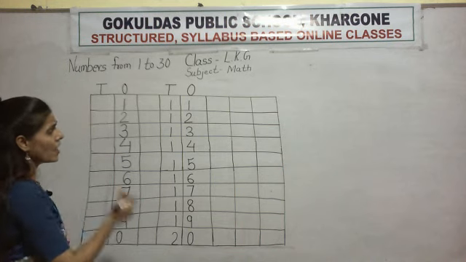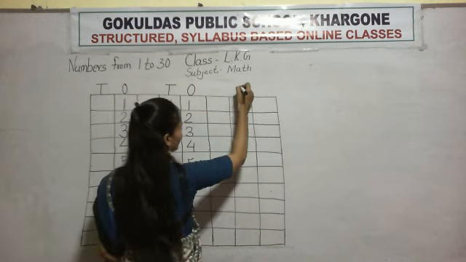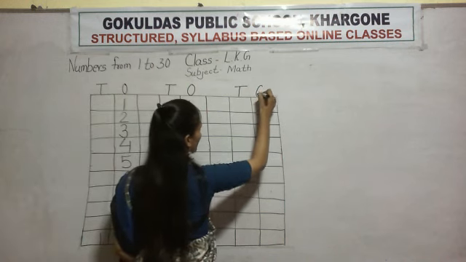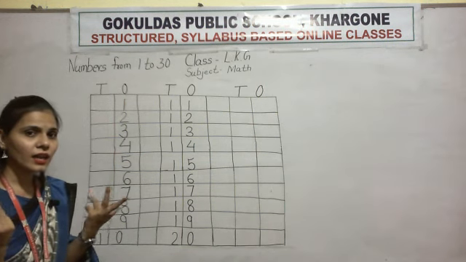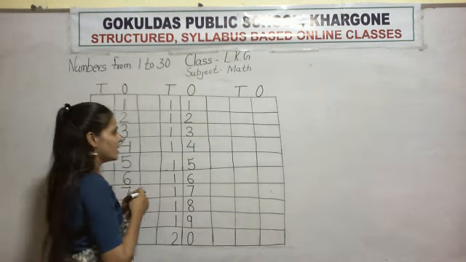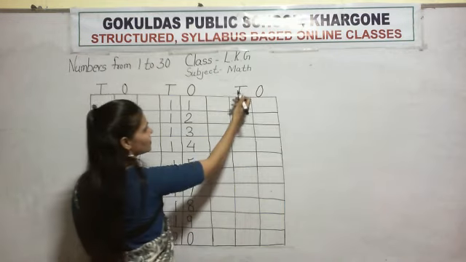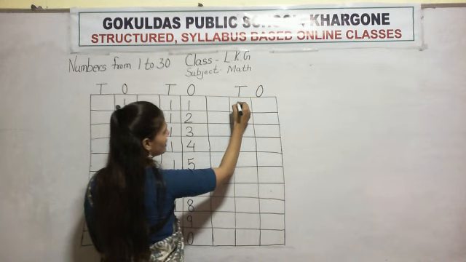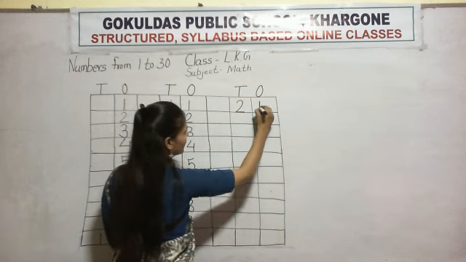Now we will start next line. Drop one line and again we write T and O. After 20, which number will come? Tell me. After 20, 21 will come. So, in next line, we will start from 2, 1, 21.